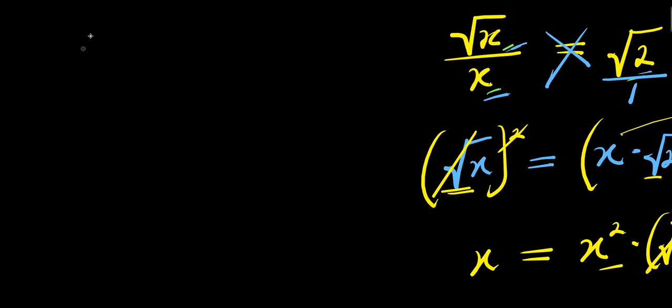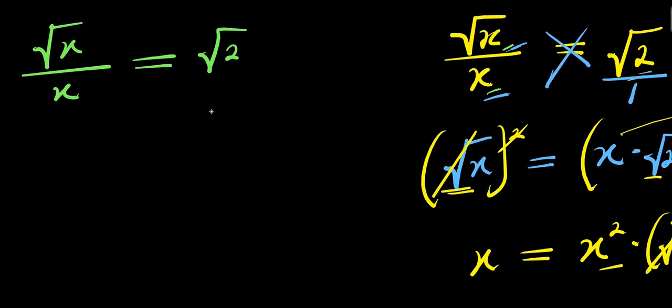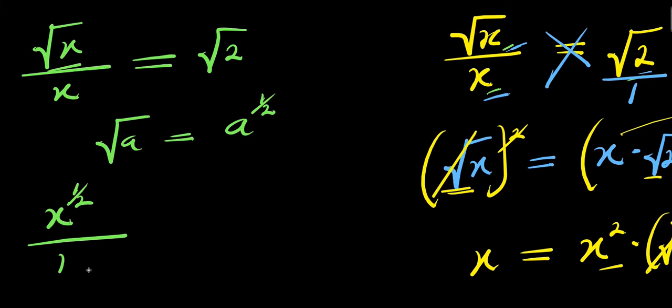So let's consider this other method. I have square root of x divided by x equals square root of 2. Now, if you have square root of a, this equals a to the power of 1 over 2. So square root of x is the same thing as x to the power of 1 over 2, divided by x, equals square root of 2.